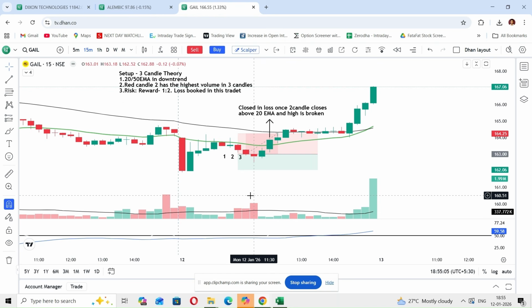One more thing I would like to tell you: whenever you are taking a trade, even if your setup is formed, if your original stop loss is not within your 1% risk limit after following our position sizing rules, then you should definitely avoid those stocks.